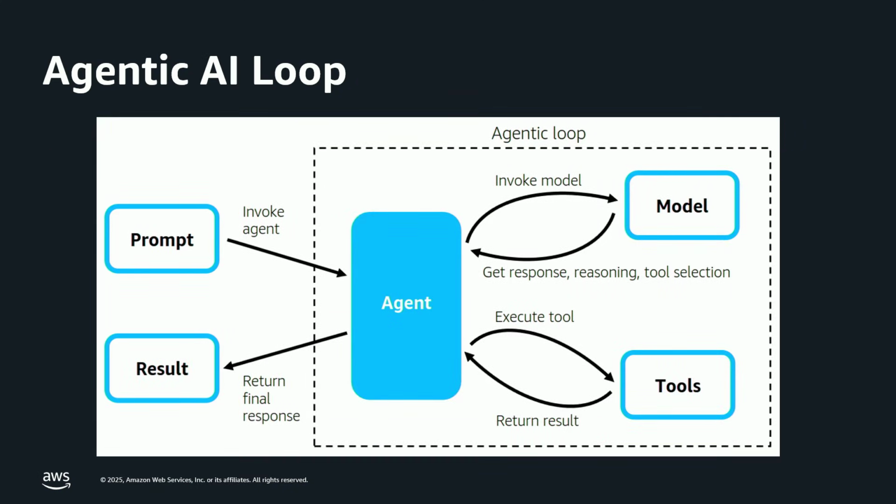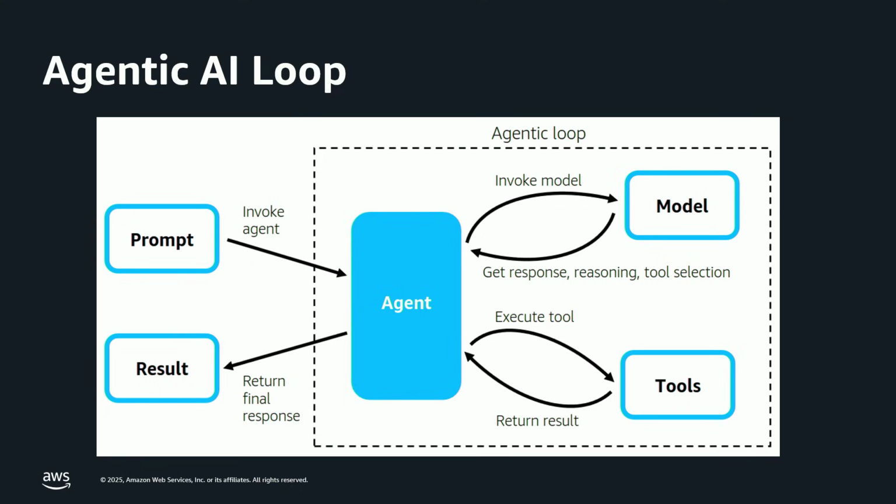At the heart of every AI agent is what's called the agentic loop, and this is what really enables the intelligent, autonomous behavior. It's a cycle of reasoning, tool discovery and selection, tool execution, and then finally response generation. And really, it starts with a prompt, right?